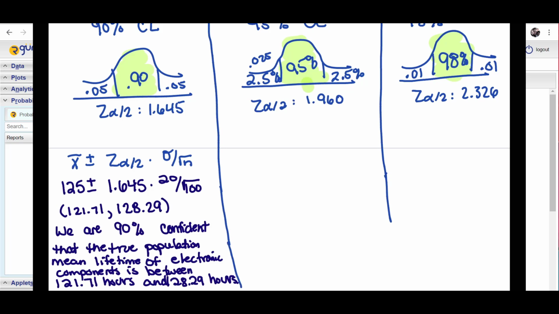All right, so there we go. We've got 121.71 to 128.29.